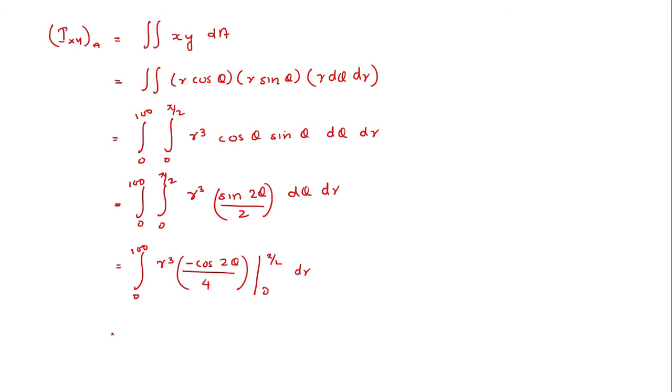So if I substitute, r cube into this will give me minus 1 by 4 into minus 1, cos pi minus cos 0, so minus 1, into dr. Now if I integrate with respect to dr, I will get r raised to 4 by 4, varying from 0 to 100, multiplied by 2 by 4.